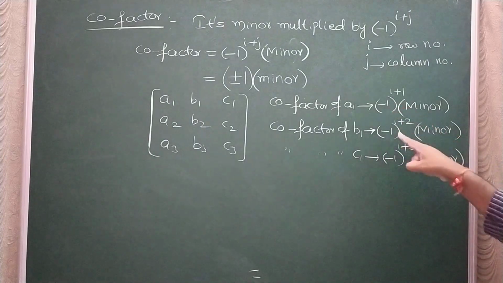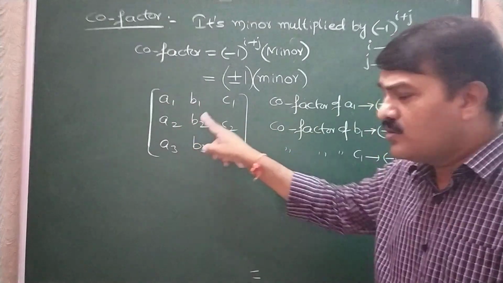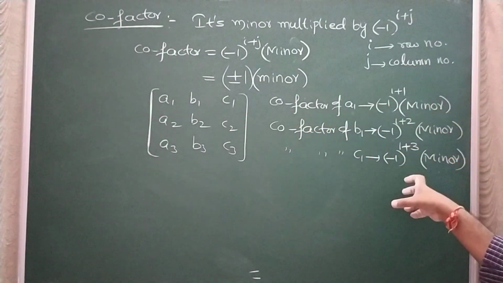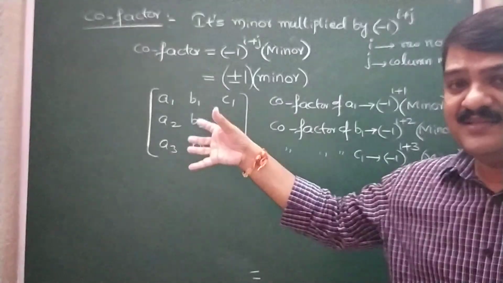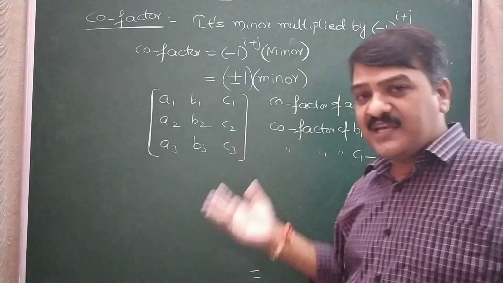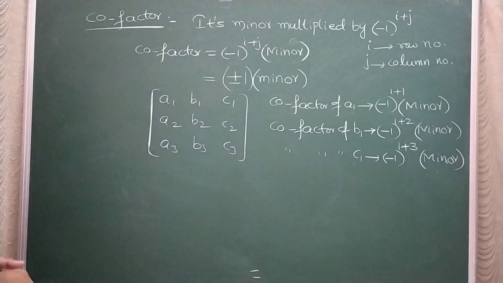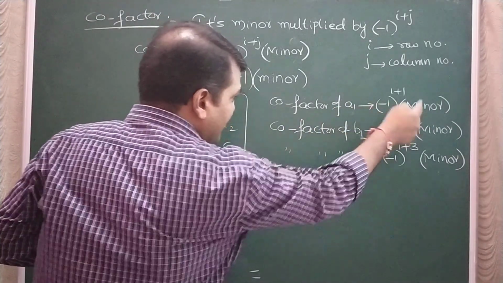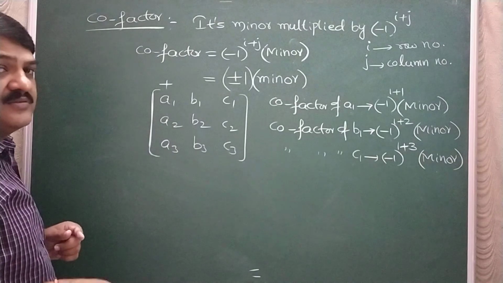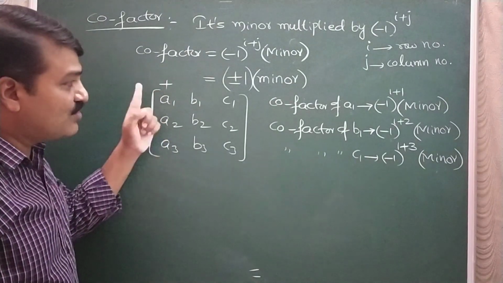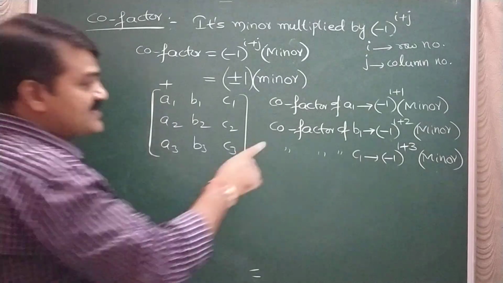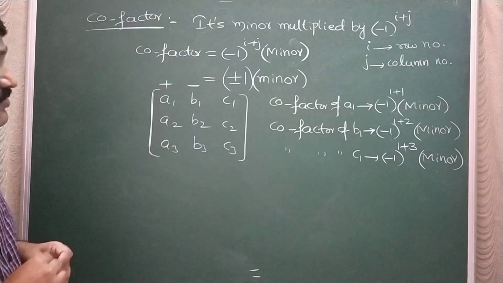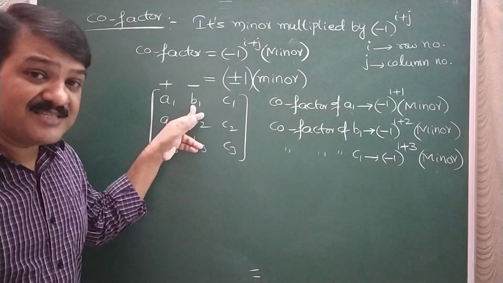So if you can remember the signs for each element, cofactor and minor are same only. For first element you are getting cofactor is equal to minor, no? So put plus sign which indicates cofactor is equal to minor. For second element you are getting minus minor, no? So put minus sign which indicates cofactor is equal to minus minor.